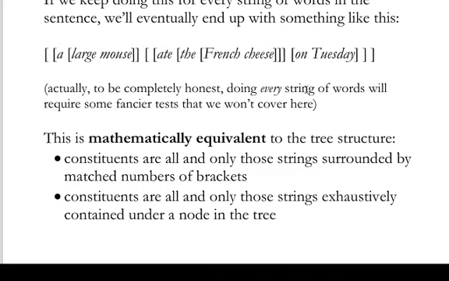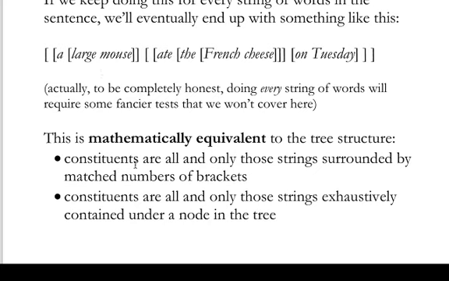Except it's going to be visually easier to parse, right? So that's absolutely the same theory of an English speaker's implicit knowledge about constituency. It's just that it's visually easier in one form, visually harder in the other. So what's the exact mathematical equivalence here? Constituents are all and only those strings surrounded by matched numbers of brackets, right, in the bracketing notation.